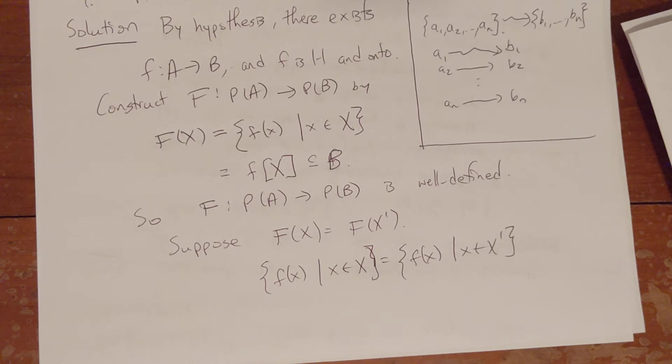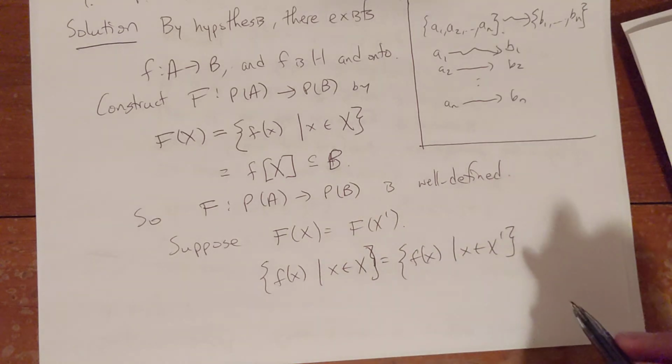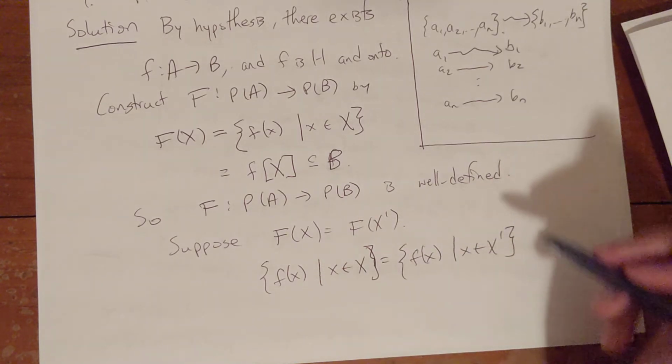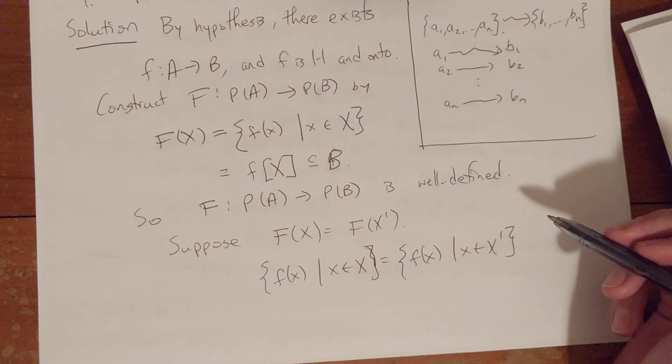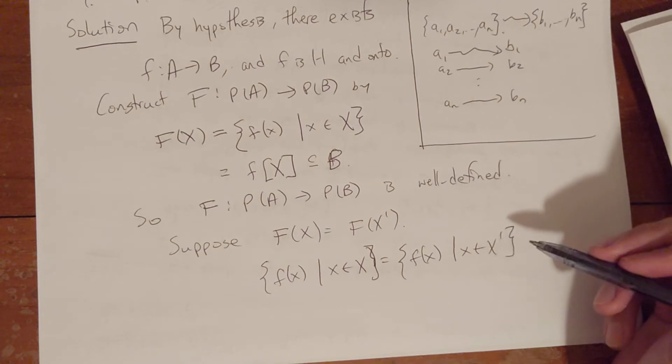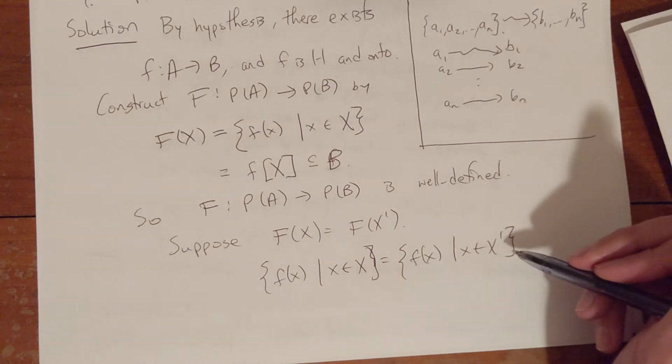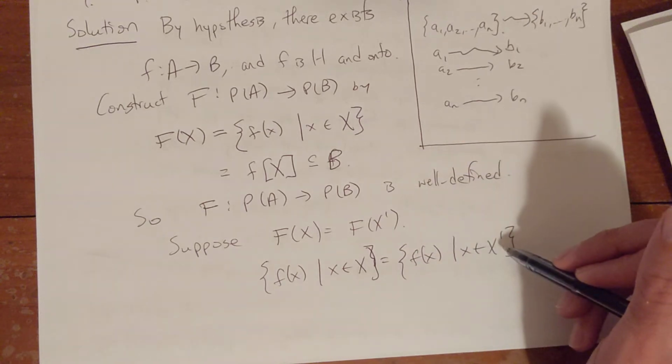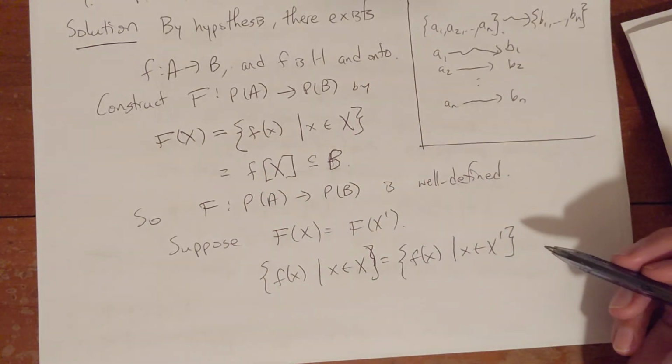And we want to conclude that X equals X prime. My thinking is that if X and X prime are different but these two sets are the same, it will make f not be one-to-one.